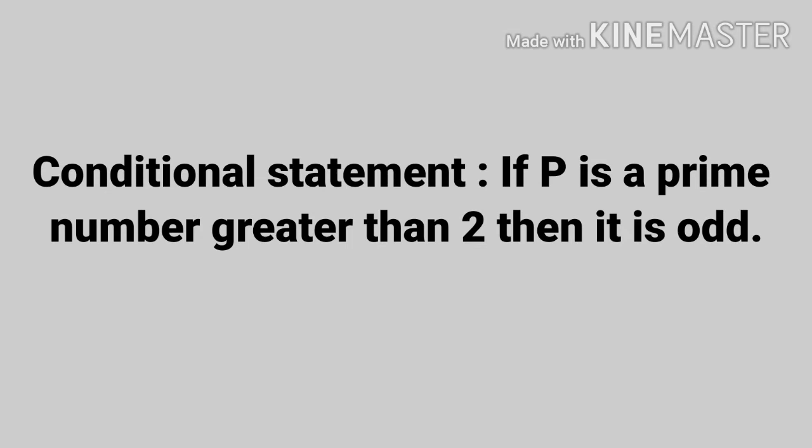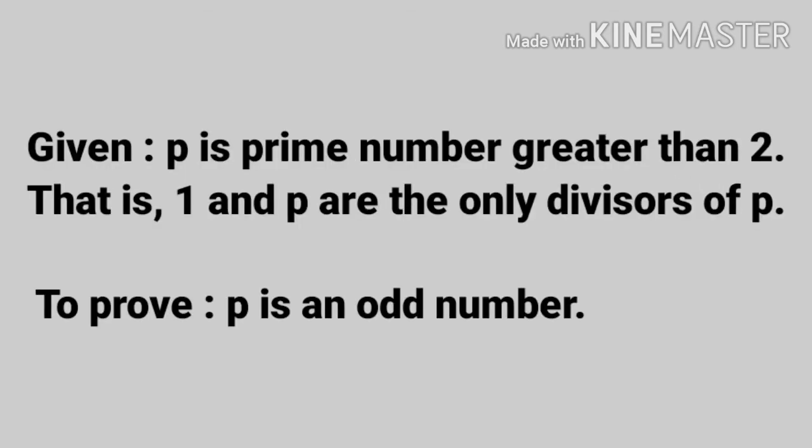If P is a prime number greater than 2, then it is odd. First of all, the given part of that statement is P is a prime number greater than 2, that is, 1 and P are the only divisors of P, and we have to prove that P is an odd number.